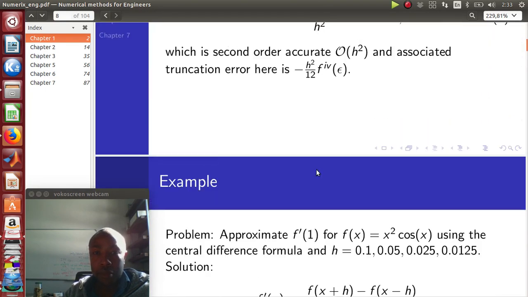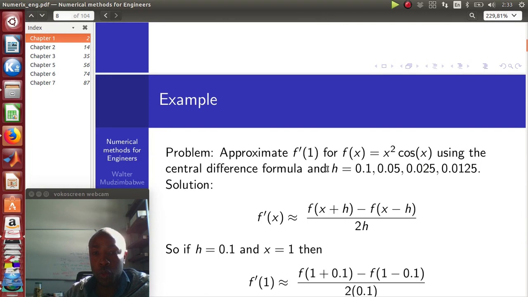Now, let's look at an example. Suppose we have f like this, and we want to find the first derivative at 1, right? We are going to approximate this. Remember, analytically we would have to take a limit as h approaches 0, right?